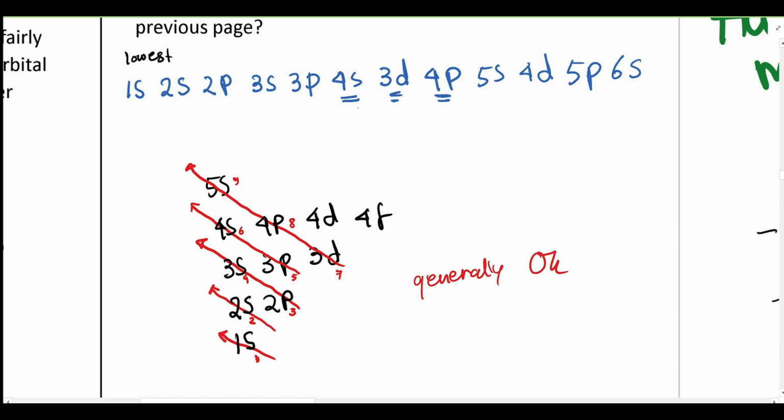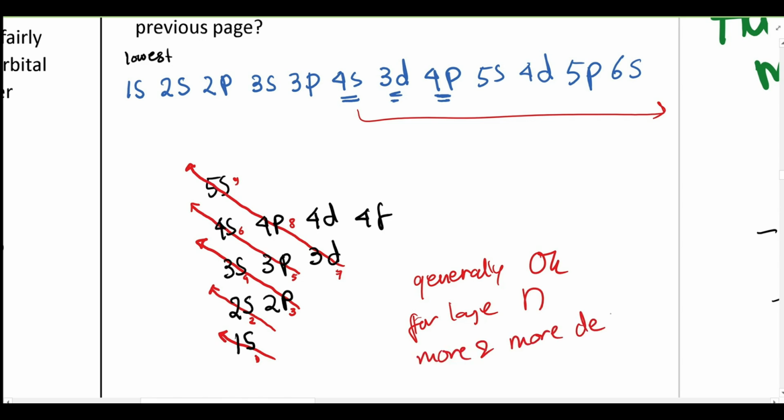But once you get to large quantum number, for large n, there's more and more deviation. Because notice here that the 4s and the 3d are switched, right? If we simply look at the quantum number n, 3s, 3p, 3d, then 4s. So what happens is that you're going to have a little bit of mixing here.